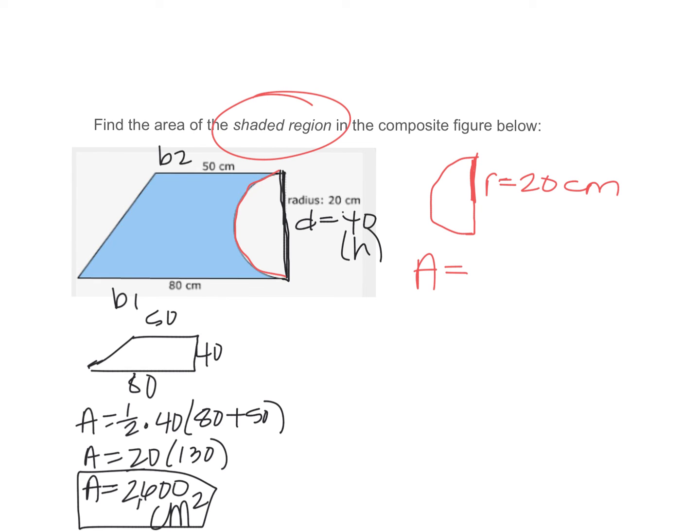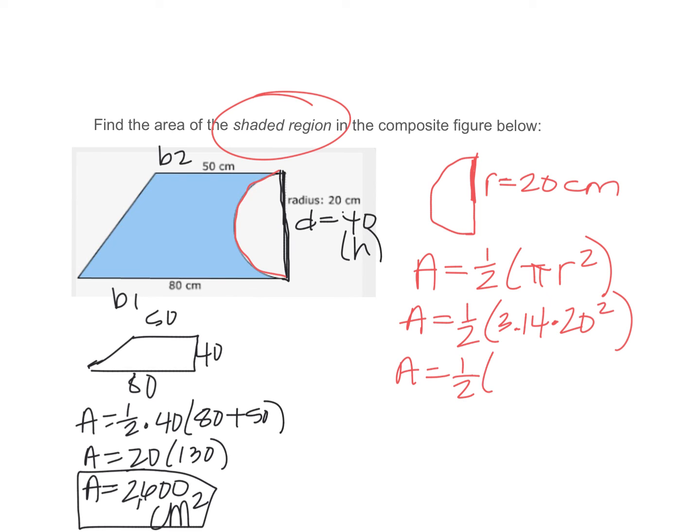So remember, the area of a semicircle is half times pi r squared, because the area of a full circle is pi r squared, but we have to take half of it. So now let's plug in what we have. 1/2, and then we do 3.14 times 20 squared. Remember, that squared goes with the 20.